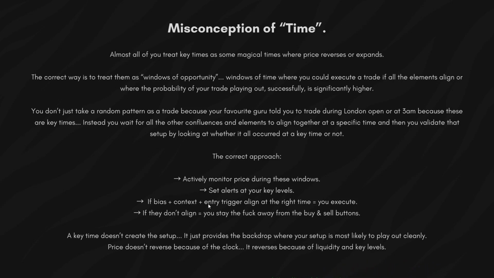You don't just take that trade because you have a context and an entry model and it has all aligned at a key time, and now you think it's going to play out regardless of the bias not being present. Okay, that's not how it works. If any one of them is missing, that means they are not aligning, and in that case you stay the fuck away from the buy and sell buttons, you stay away from the charts, and you don't execute.